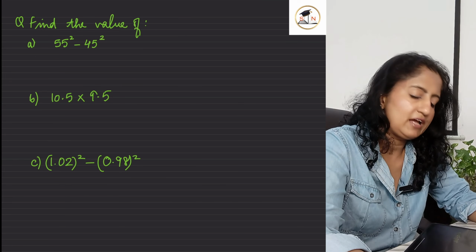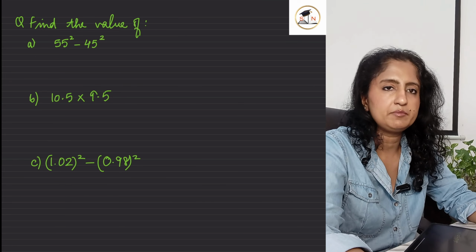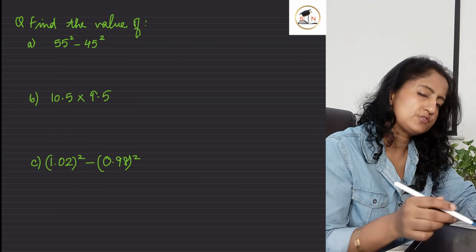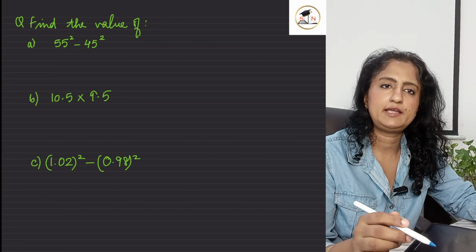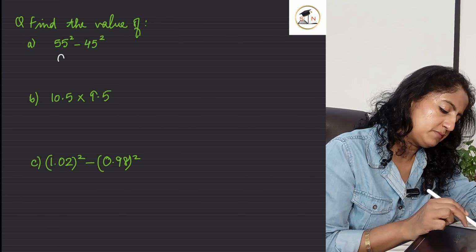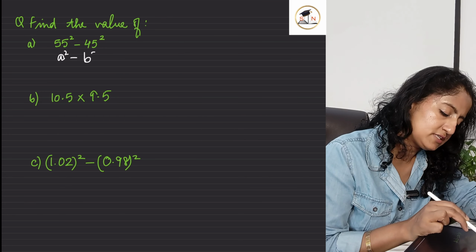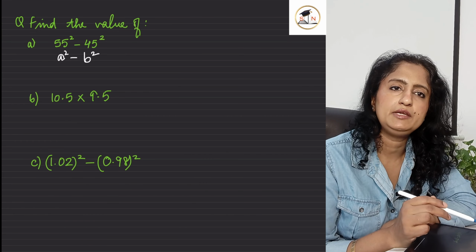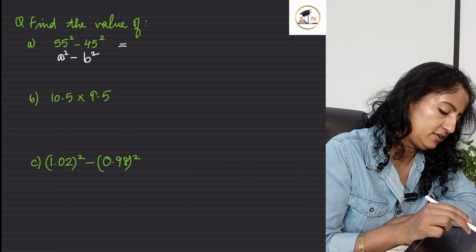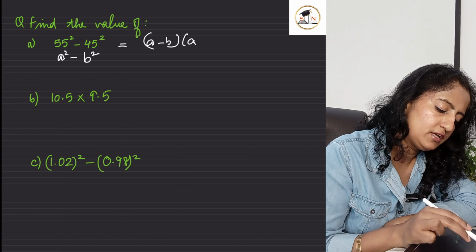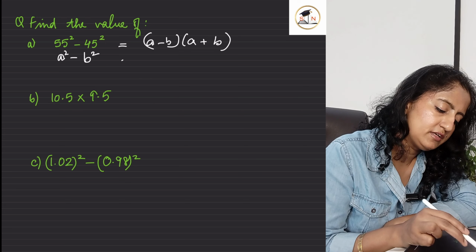And on this page only we will see how to use either of the forms, right? In the first question we have a square minus b square. That means we need to move to the other form. From a square minus b square we are going to get a minus b into a plus b. So what is my a? A is 55 and b is 45, right?